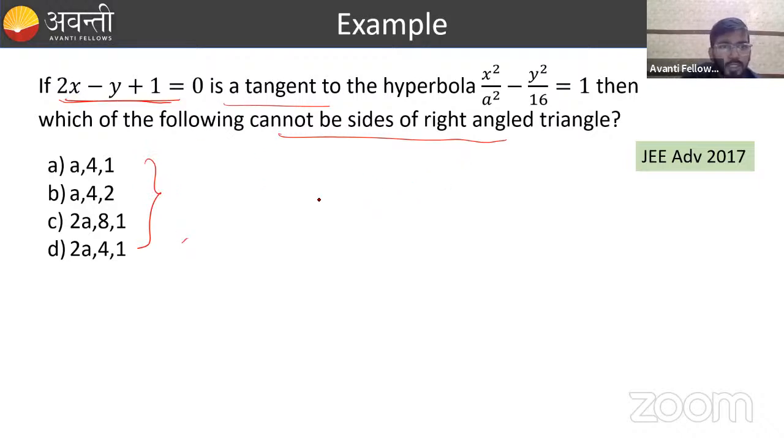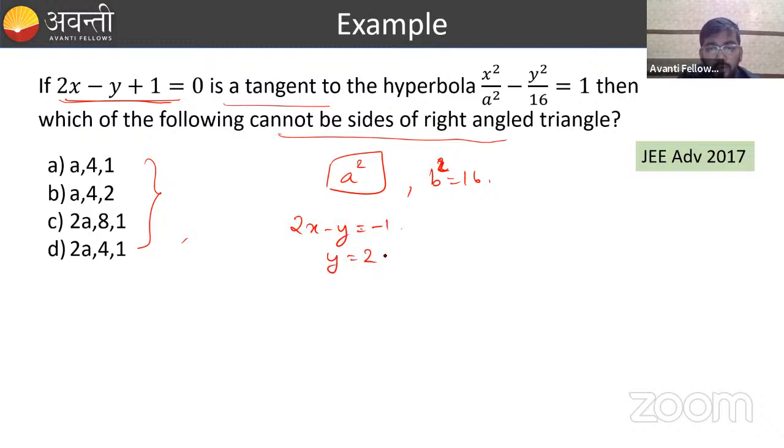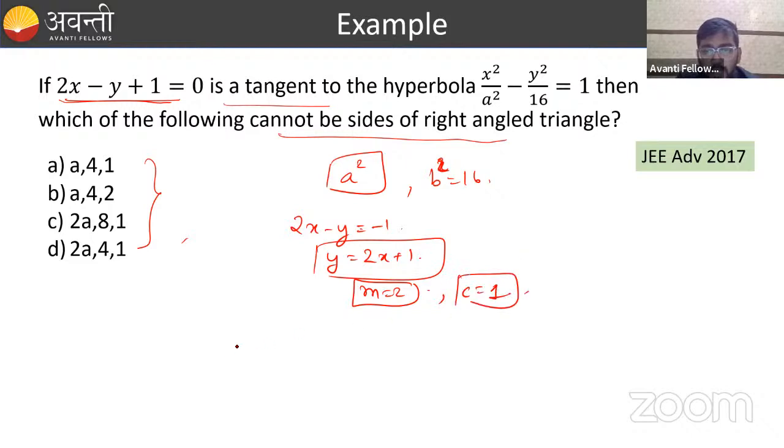First of all, this is a tangent to the hyperbola. a square is a square, b square is 16, and the line is given to us as 2x minus y plus 1 equals 0. So y equals 2x plus 1. So the slope of this line, m, is 2, and c value is 1.